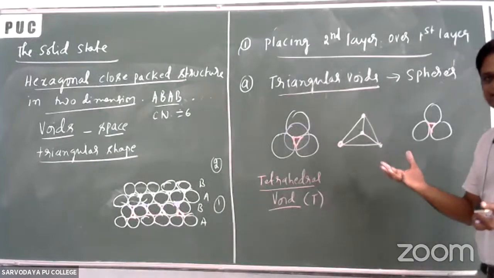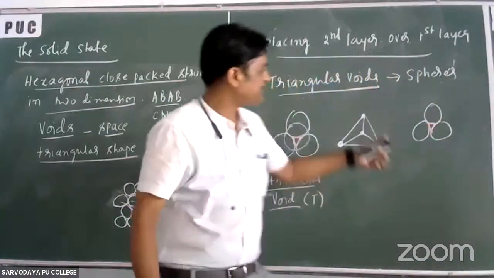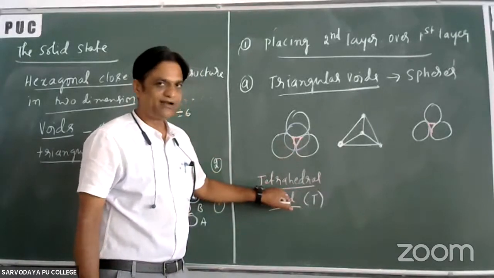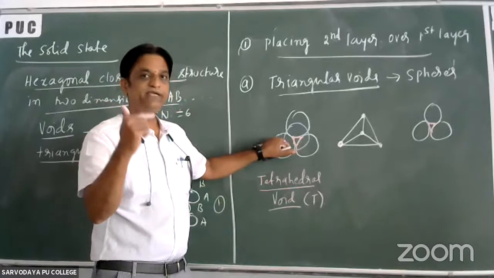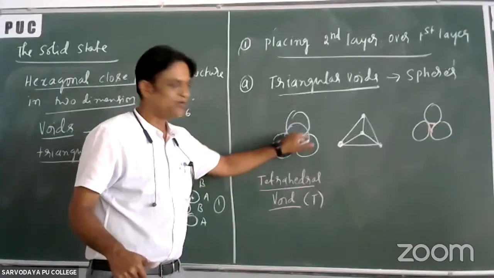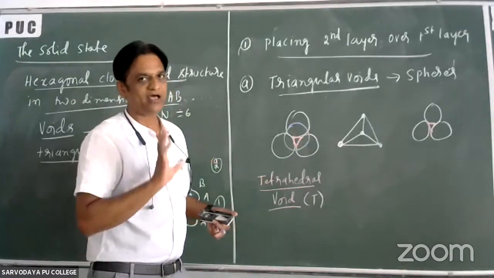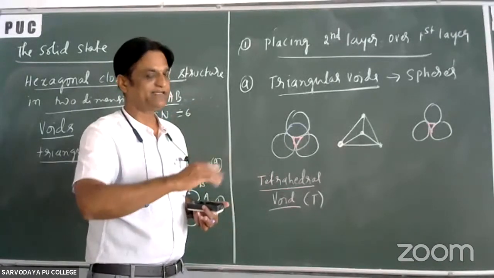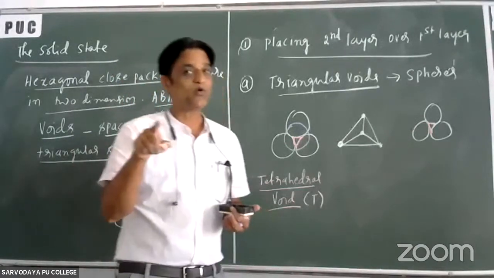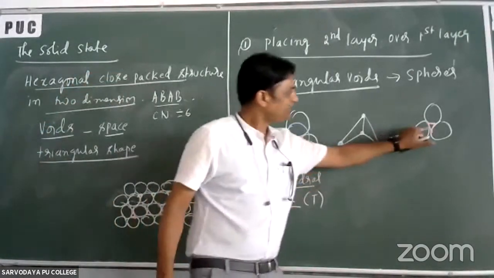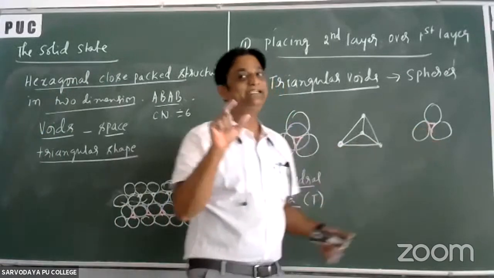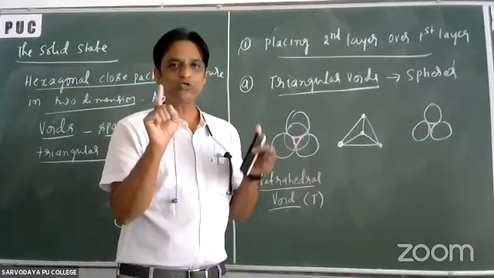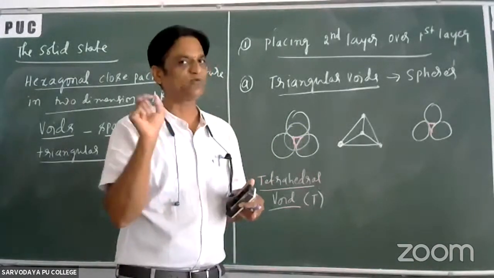So in some places, when second layer is placed over the first layer, arrangement will not be like this. Here tetrahedral void is generated when sphere of the second layer covers the triangular void. But in some places what happens, when second layer is placed over the first layer, triangular voids of the second layer overlap the triangular void of the first layer. But those 2 triangular voids will not coincide with one another.